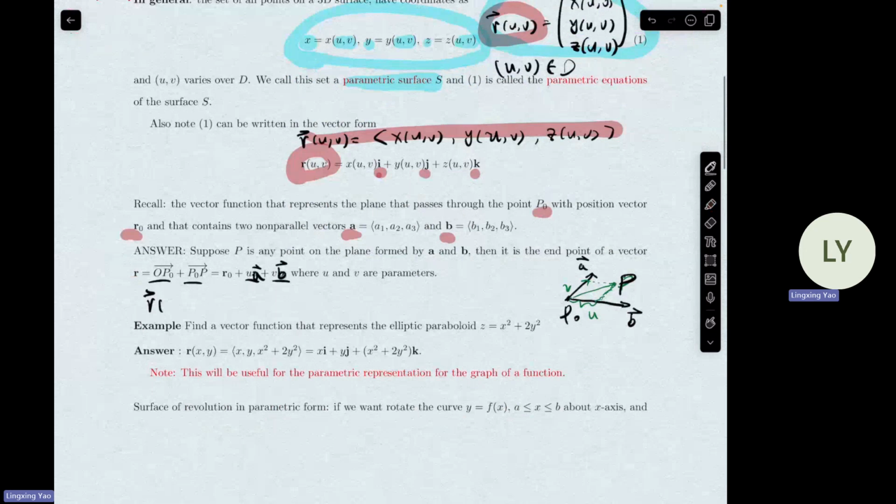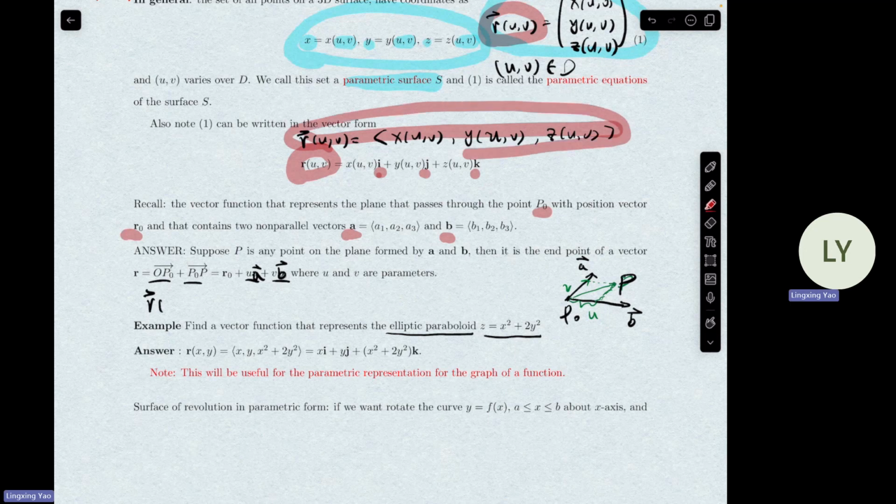Well, we want to represent the elliptic paraboloid. This one. This is supposed to be a surface in space. This is a quadratic surface we discussed. So how about we use a vector parameterization to represent it that is consistent with the notation that we introduced in this form? Well, obviously, we do have to have two parameters.